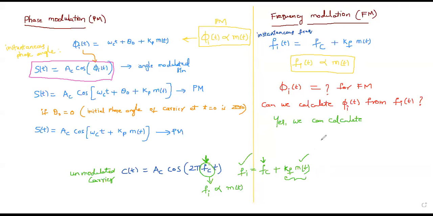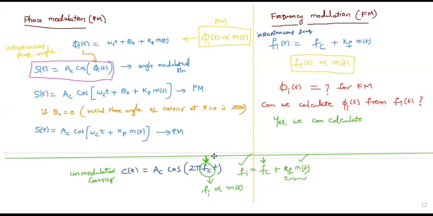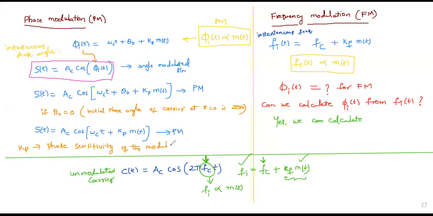Now, what is this kf and kp? See, this kp is the phase sensitivity of the modulator. In the last class itself, I discussed these things. You have to see what the units of the remaining things are, and based on that you can come up with the units of kp.